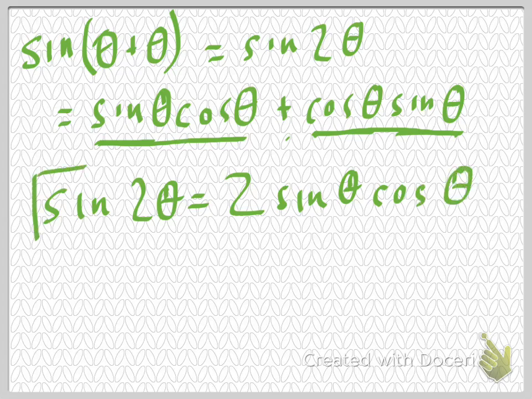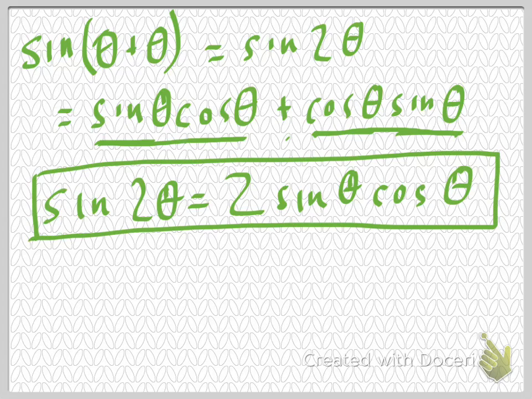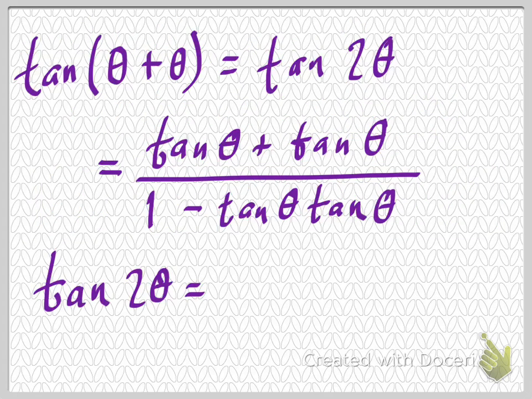It's pretty easy. We'll get to the tangent formula basically the same way. When we look at the tangent angle addition formula, tangent of theta plus theta clearly is tangent of 2 theta.